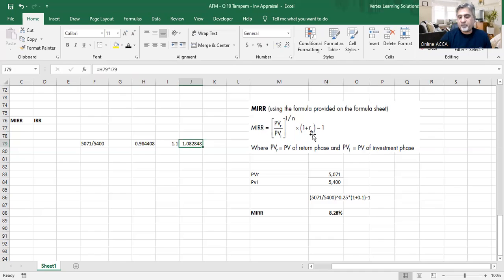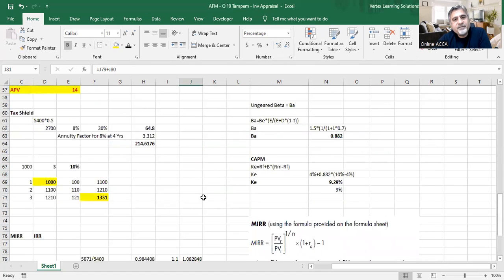And if I subtract from here 1, so minus 1, I'm just subtracting. So net is, I have to put a sign here, this plus this. So it is 8.3%. 8.3% is my MIRR. So this project is actually giving 8.28%.